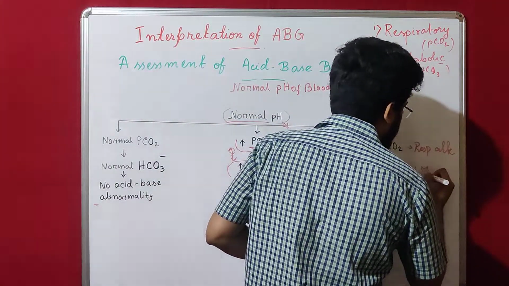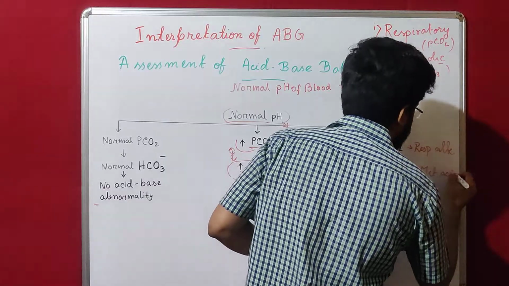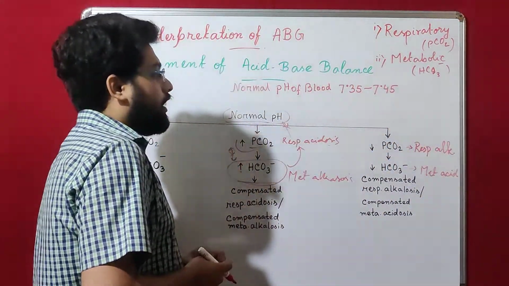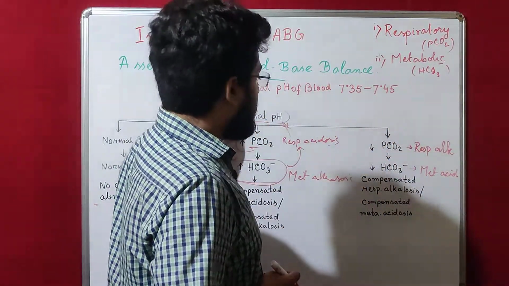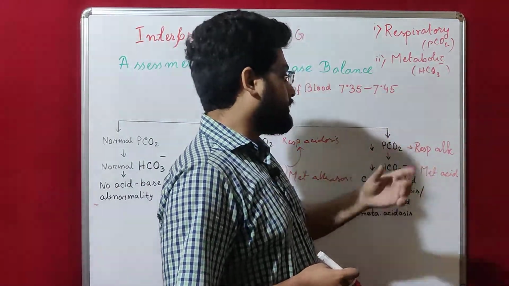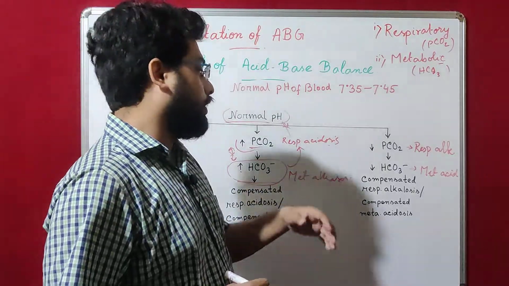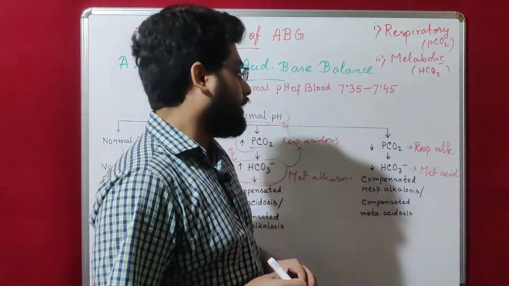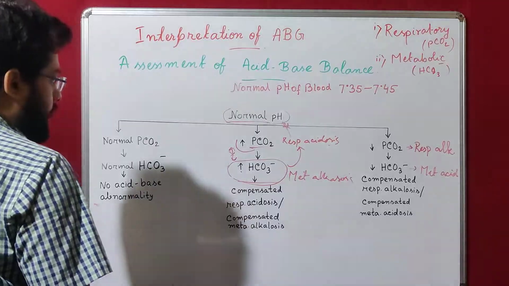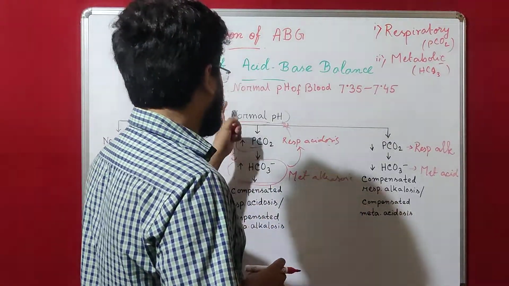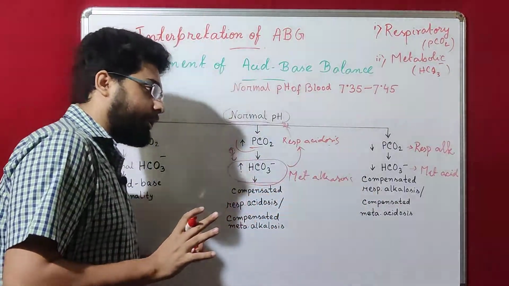That means metabolic acidosis. If we see normal pH and decreased PCO2, then obviously in the ABG report we will also see the bicarbonate ion is decreased, because only then is normal pH level possible.